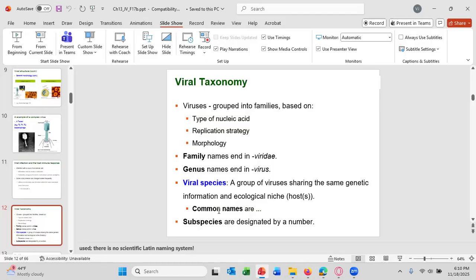Let's talk about how important the subspecies is to a virus. We have poliovirus subspecies 1. It infects the human and causes the disease polio. We also have the subspecies poliovirus 2. This can infect a human cell, but it does not cause the disease polio.